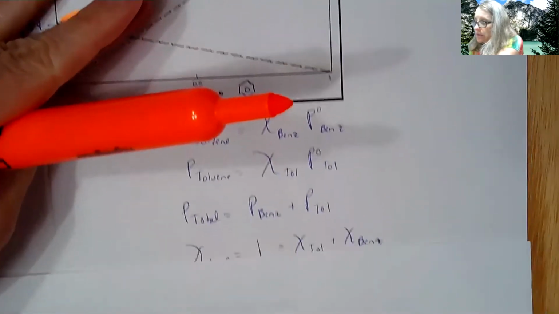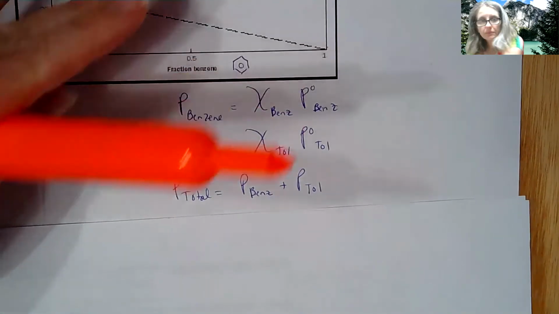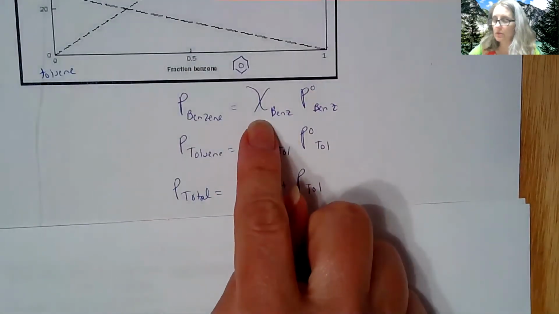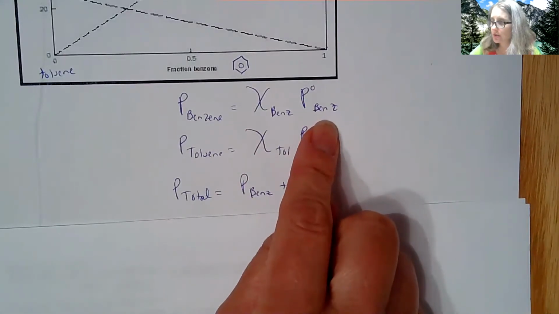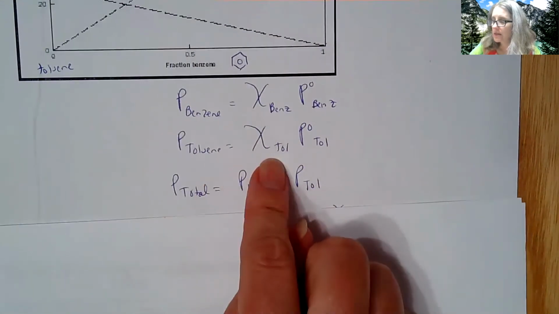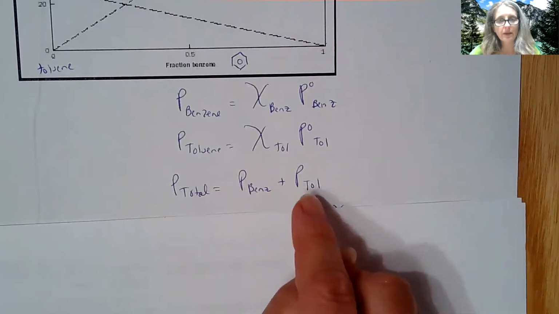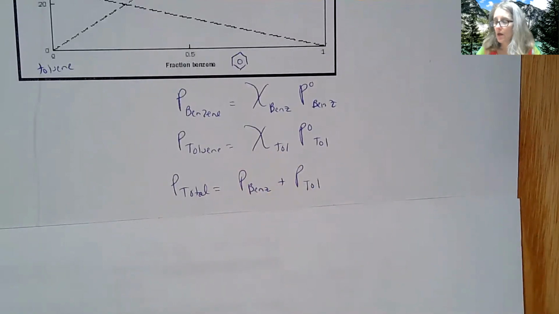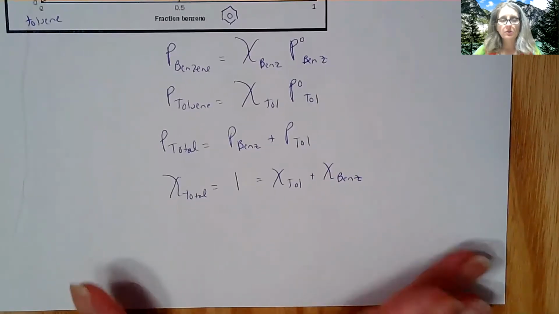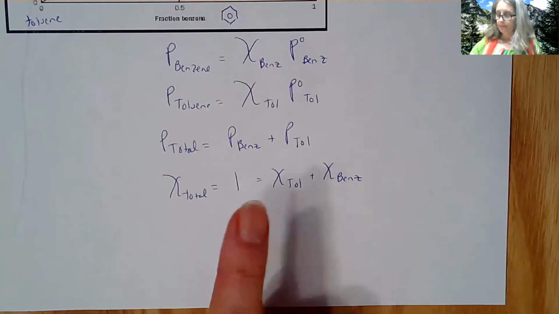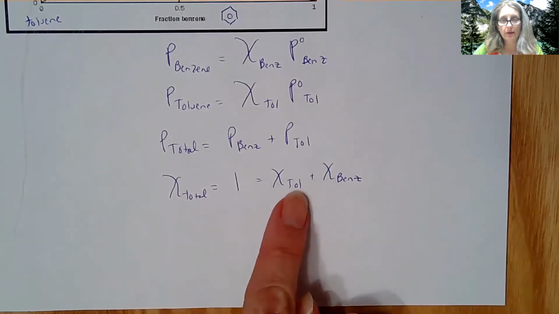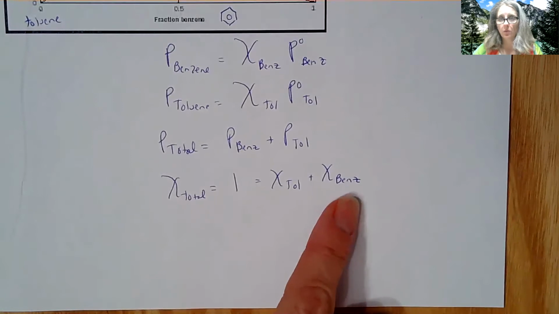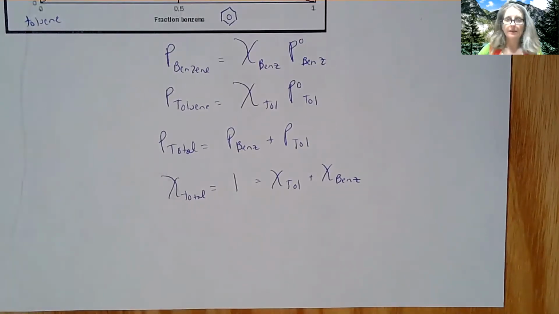The pressure of the benzene is due to how much benzene you have in there, the mole fraction, times the overall pressure, which is the 95.1. The toluene, how much toluene you have, and then you add them together. Also note, in terms of calculations, your overall mole fraction will always equal 1. So if you have one of them, you can find the other one.